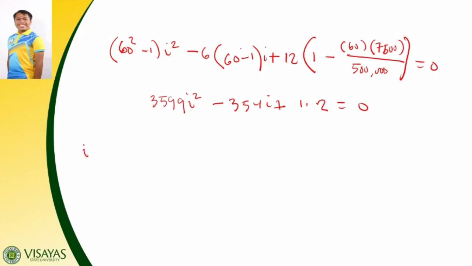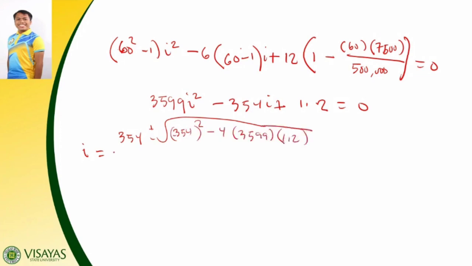So using the quadratic formula now, I is equal to negative B, so that's negative of negative, it becomes positive 354. Okay, 354 plus minus the square root of B squared, that's 354 squared, minus 4 times A, 3,599, C is 1.2, over 2 times 3,599.